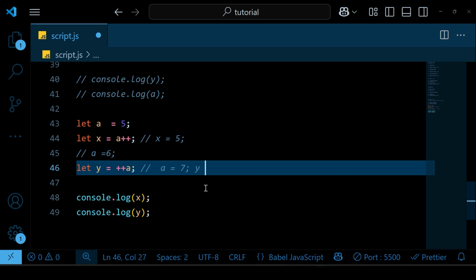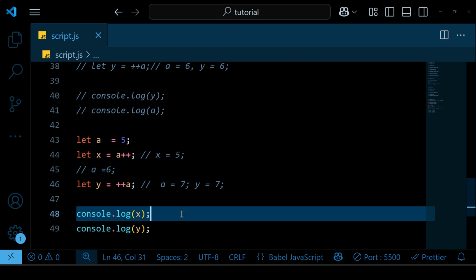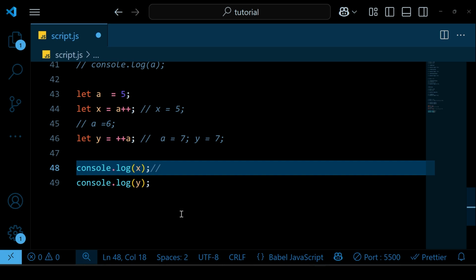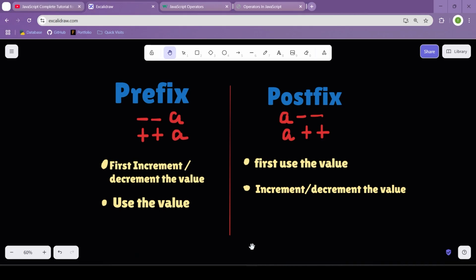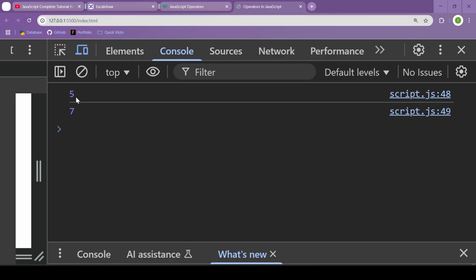So y would be simply 7. For x, the output would be 5, and for y, it should be 7. See, for x we have 5, and for y we have 7.